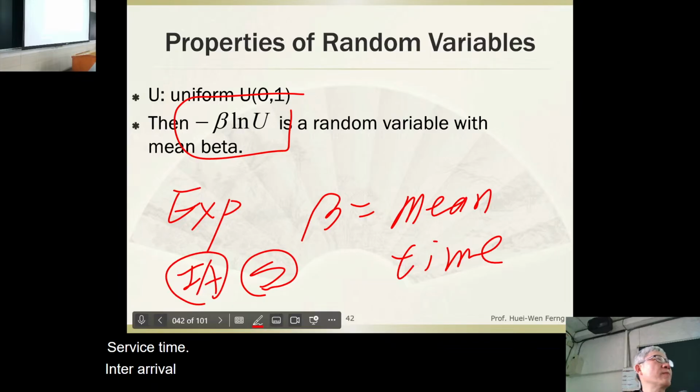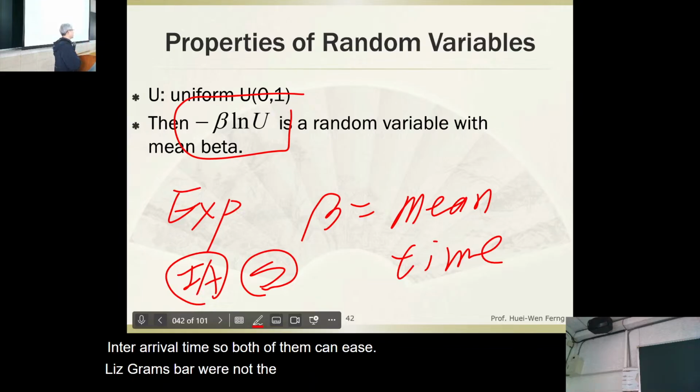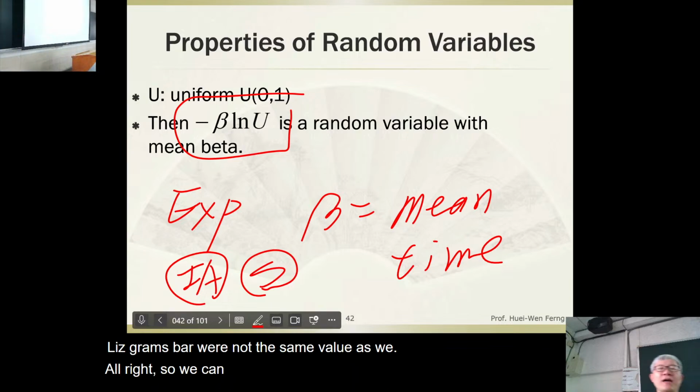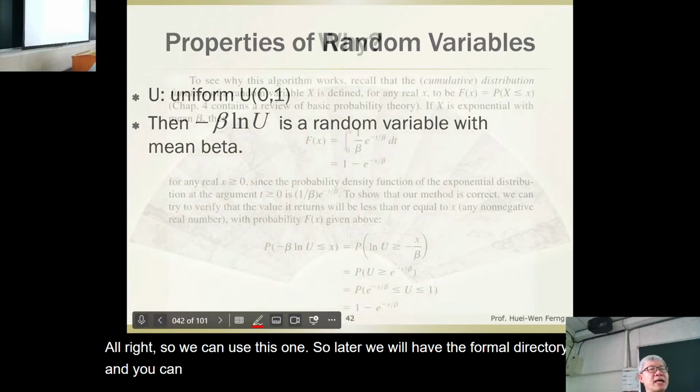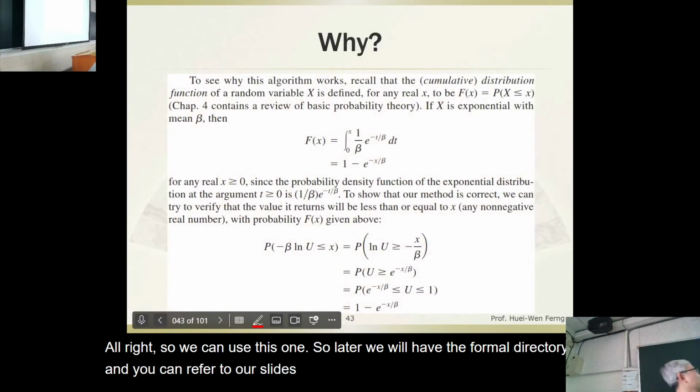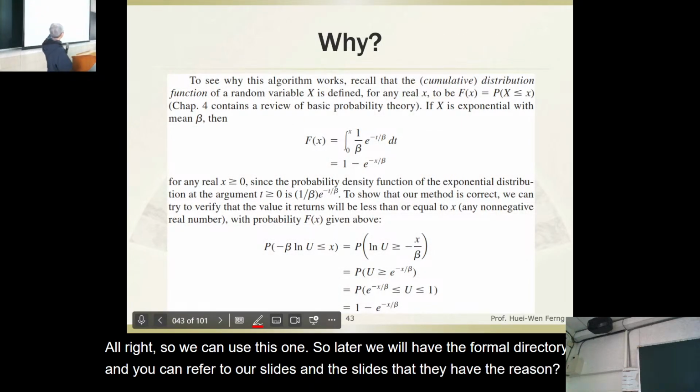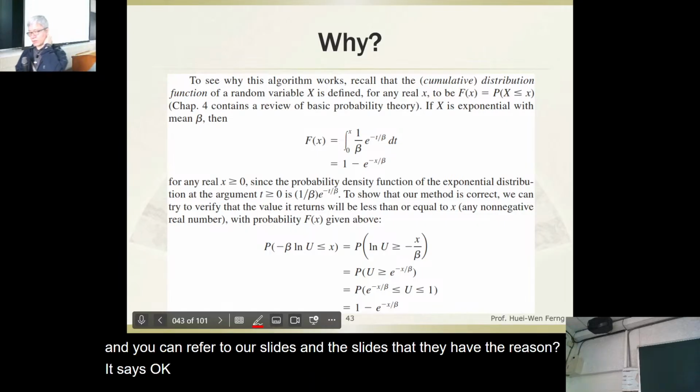Both of them can use this parameter, but they are possibly not the same value. So later we will have the formula directly. You can refer to our slides, which have the reason. Yes, the formula is correct to have the exponential random variable.